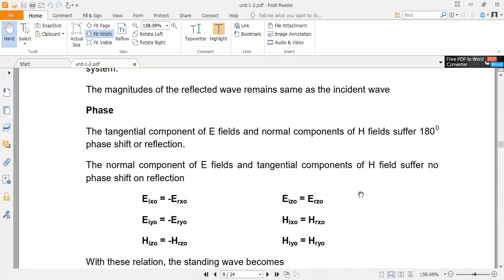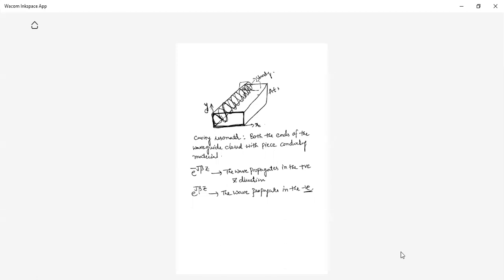Okay, what does this mean? This is the waveguide. The tangential components of the electric fields in the x and y directions give a 180 degrees phase shift.